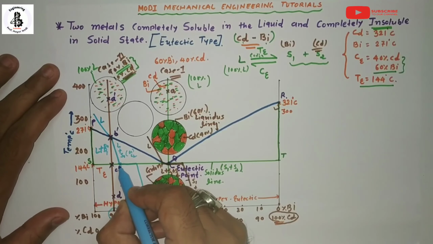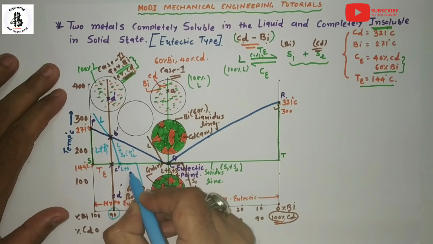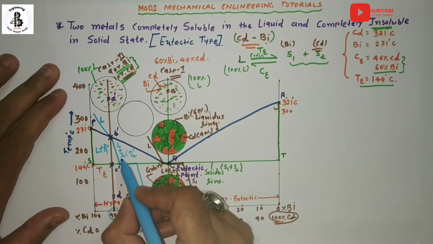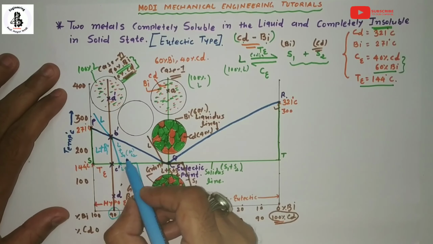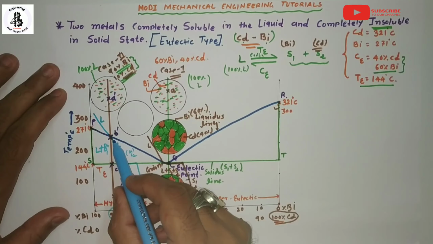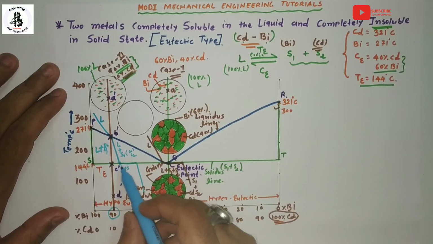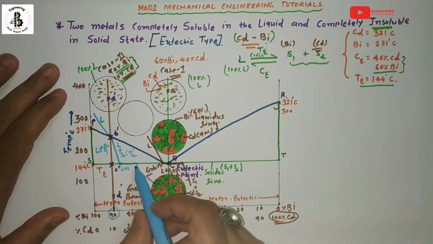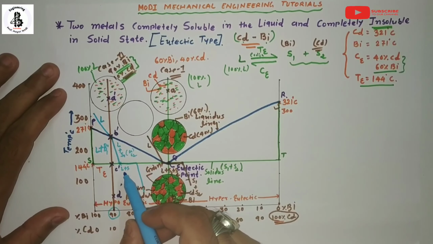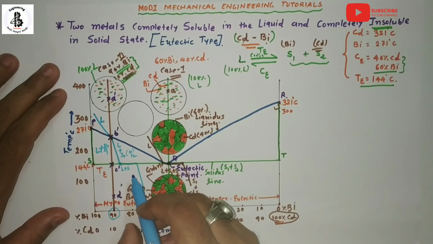Up to this C dash point, it is liquid plus solid one, because one of the metals is almost completing its solidification process, and of the rest, here it will be bismuth that starts the solidification process. Up to C dash point, the solidification is almost complete. The rest, cadmium, is now in the form of liquid, and this temperature range has the solidification process.